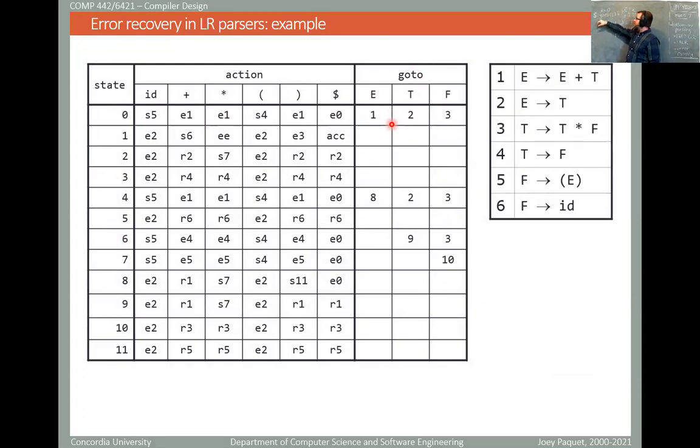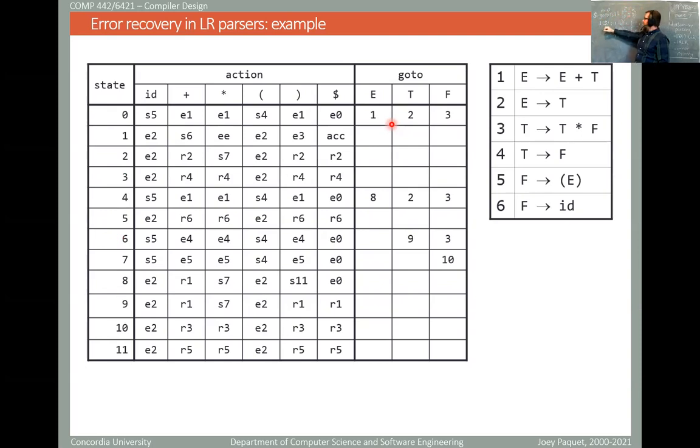S is the set of states for which state number 0 has an entry in the go-to table. So the big S is the set of states 1, 2, 3, corresponding respectively to non-terminals E, T, F. So I have a mapping between E and 1, T and 2, and F and 3.